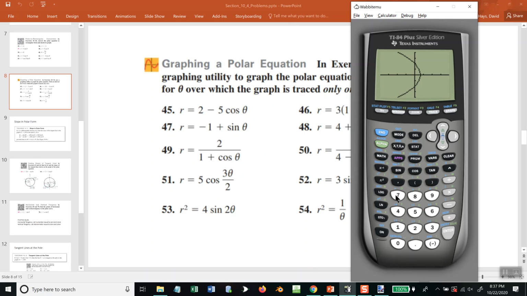Yeah, that's what it should be. I think. But sometimes it gives you a good picture, sometimes it doesn't. If I did a zoom and did my ZStandard, it's more like that. But you're right, the question is what's happening over here.